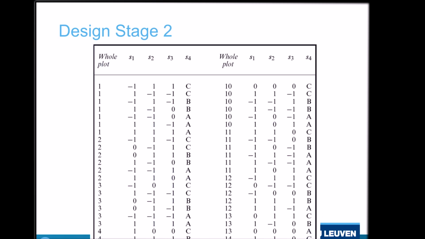For stage 2, I used a very similar approach. I created the stage 2 design in an optimal fashion using proc optex, and the eventual design you can see on slide number 18.